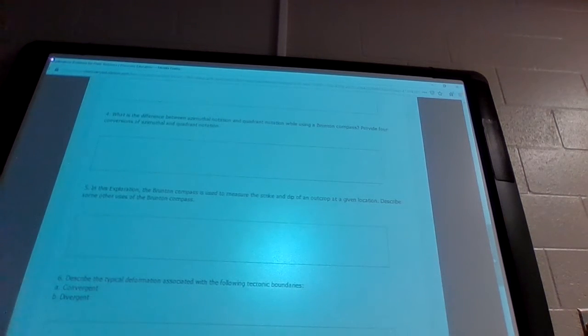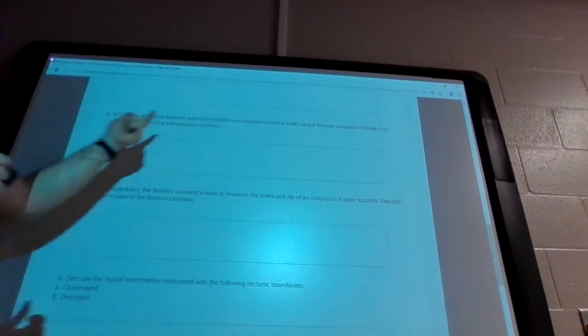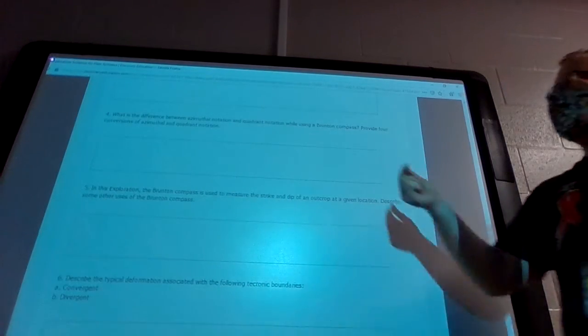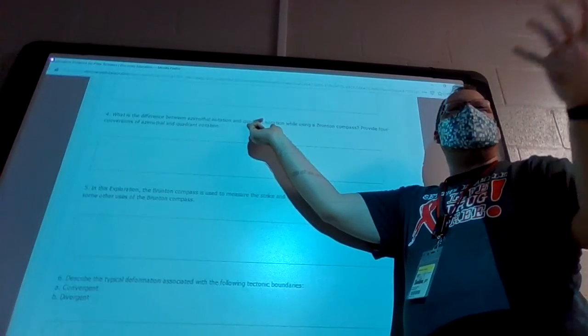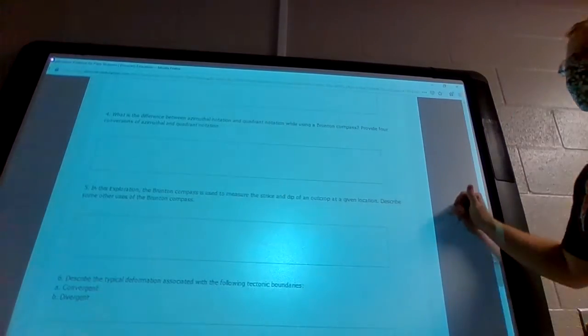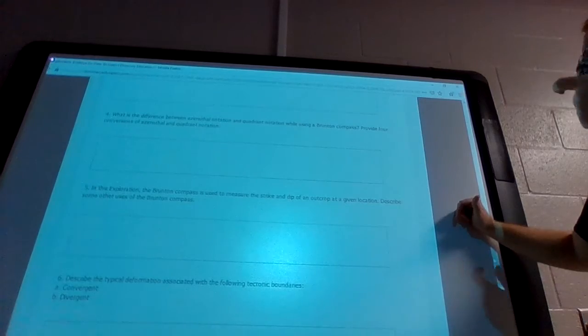So I have from 0 degrees to 90 degrees northeast, 0 to 90 degrees southeast, 0 to 90 degrees southwest, and 0 to 90 northwest. So that's the difference between azimuthal and quadrant. Azimuthal is the full 360. The quadrant is separated into those 4 quadrants: northeast, southeast, northwest, southwest, and they're each 90 degrees.